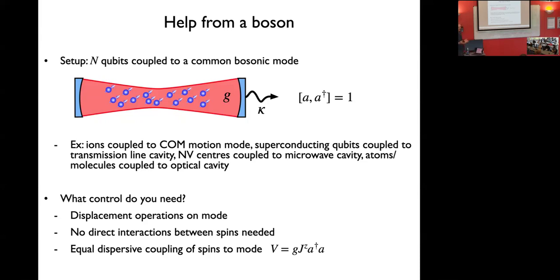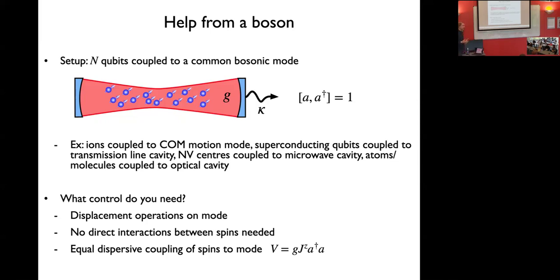Or it could be superconducting qubits that are coupled to a microwave resonator mode. Or it could be NV centers coupled to a microwave cavity, atoms and molecules coupled to an optical cavity. Or you could use Rydberg atoms that are coupled to a microwave cavity. So there's a lot of different options here, and a lot of experiments that are probing these different scenarios.